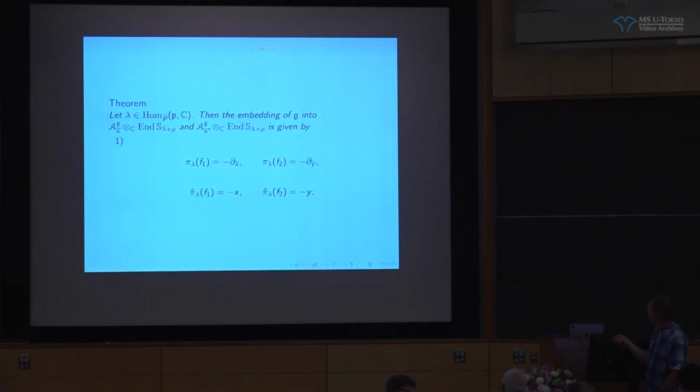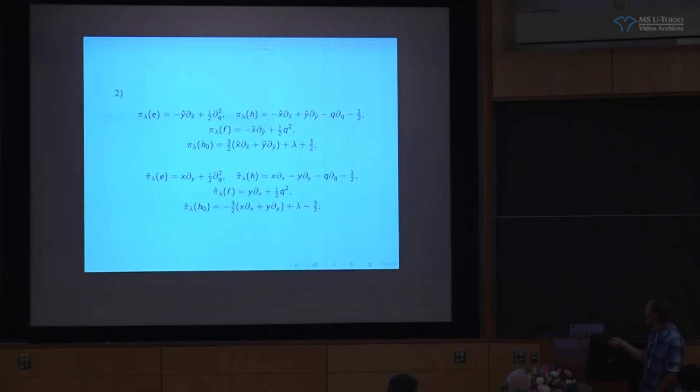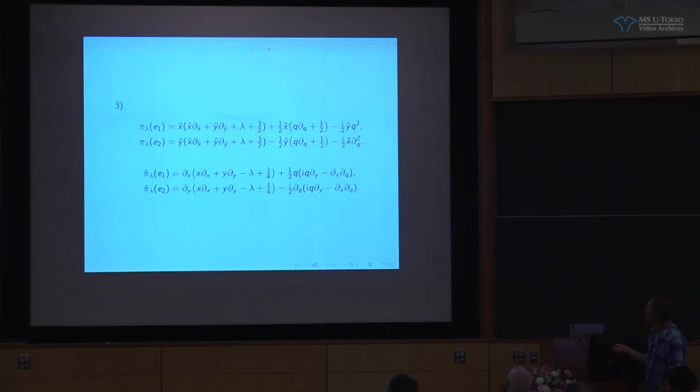So we will not be interested in the action of the elements of the negative nilradical. We will not be interested very much in the action of elements of the corresponding Levi factor, but we will be interested in the action of elements of the positive nilradical. So there are two of them. They are denoted by E1 and E2.